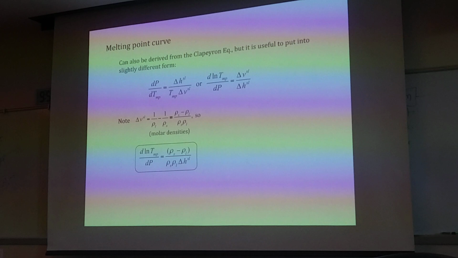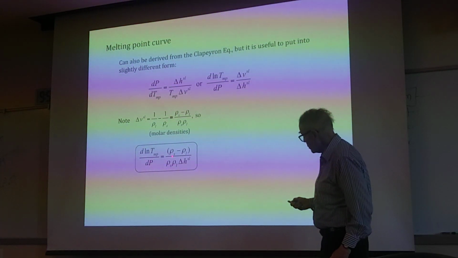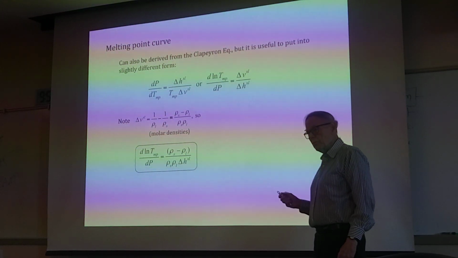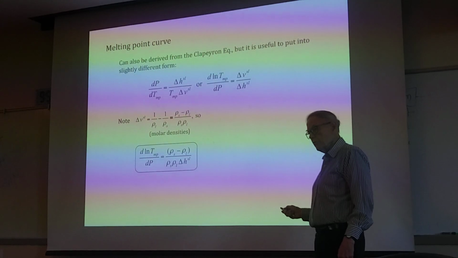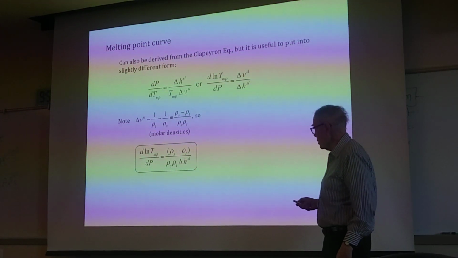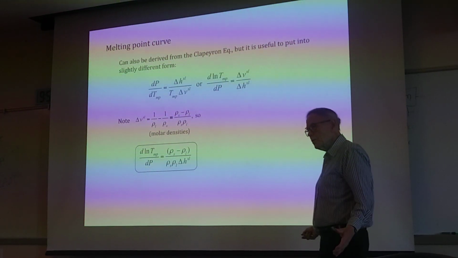Now let's just for a second consider what we normally have, and that is that the density of the solid is almost always greater than the density of the liquid. The phase transition, that means that this is a positive quantity on the right, and it means that with an increase in pressure, the melting point goes up. That's what's typical.